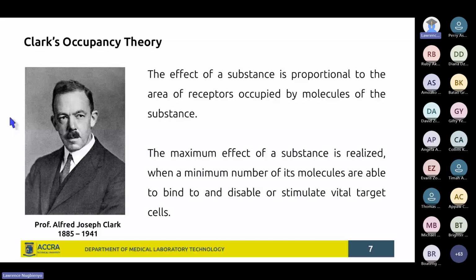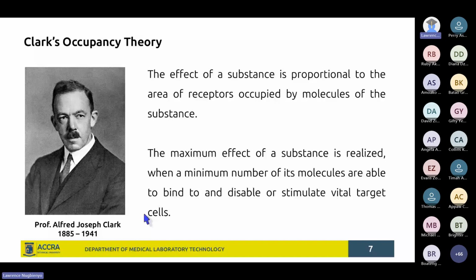So if you have a cell, and that cell has receptors on it, the effect of a substance on that cell is proportional to the amount of the receptors that will be occupied by molecules of the substance. Let's say you have 10 receptors on that cell.